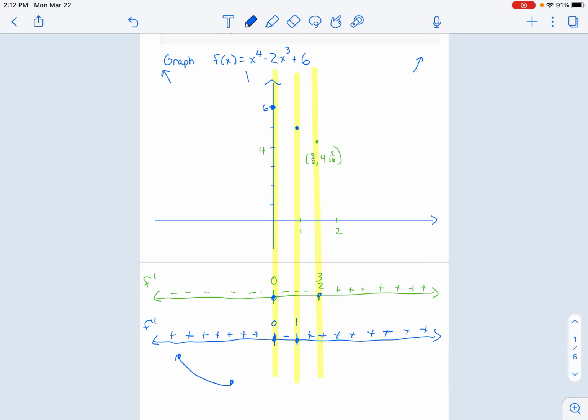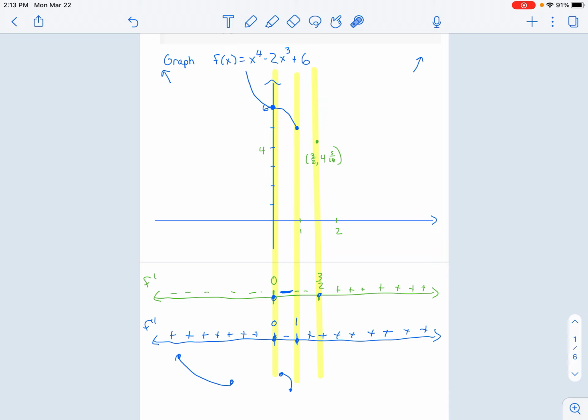So we're coming up like that. Then here we have a negative, so we're decreasing still, and now we're concave down. Oops, kind of missed it there. Let's try that again. And notice that here we look like we could have a flat tangent line, right?